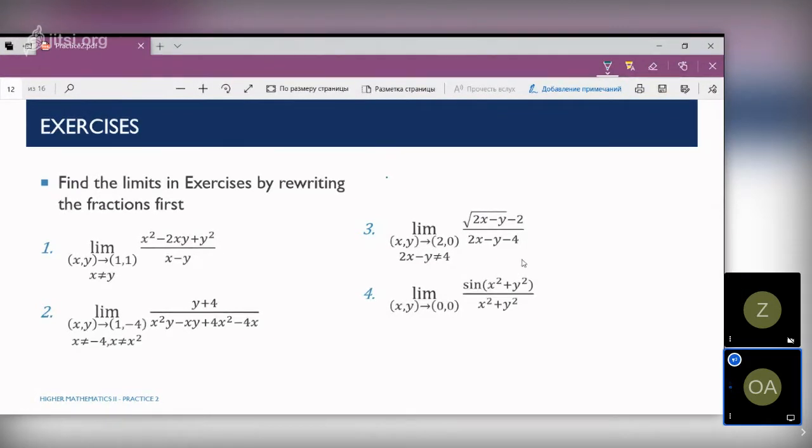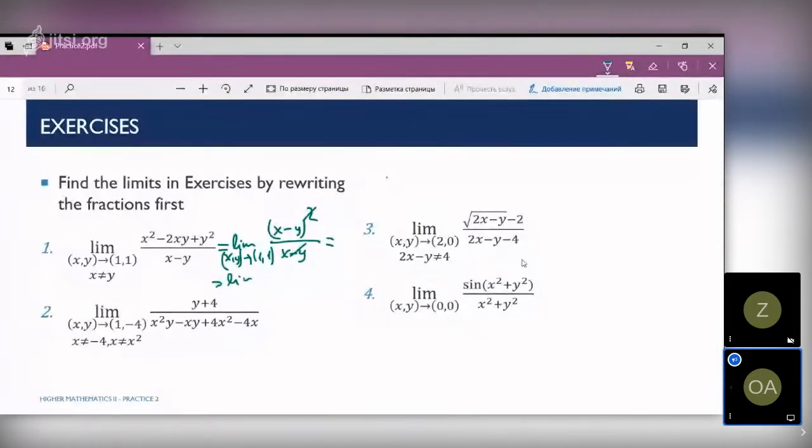I'll try to show the first one. It equals, the upper part will give us, oh sorry, I forgot the word limit. Limit of x minus y squared over x minus y.